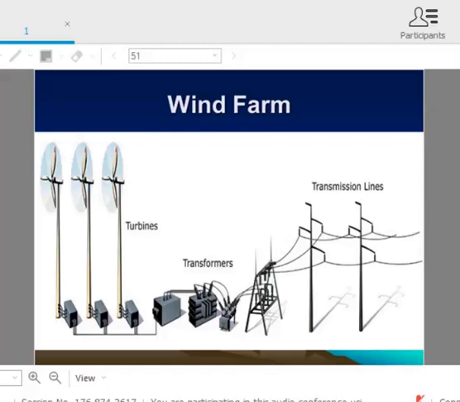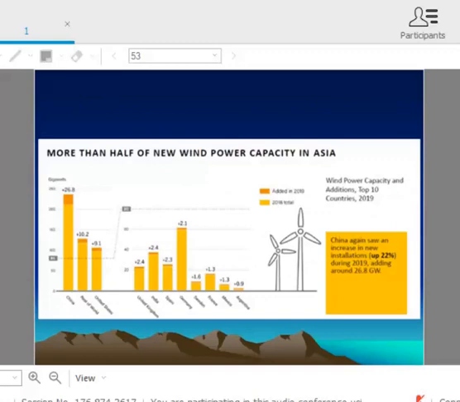So turbines like this, and then a transformer that will connect to the grid, and then that will go to the site through transmission lines. This is the wind farm. So more than half of the new wind power capacity in Asia is in China, which is going to touch 250.